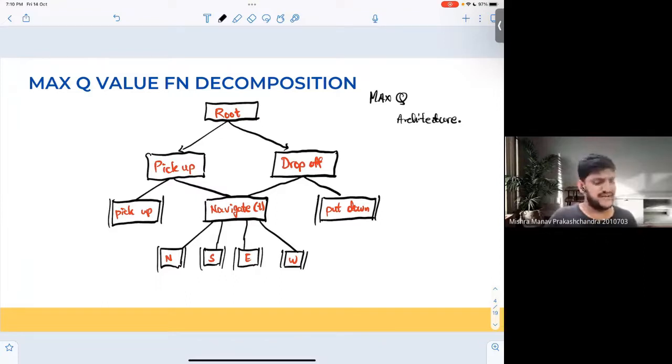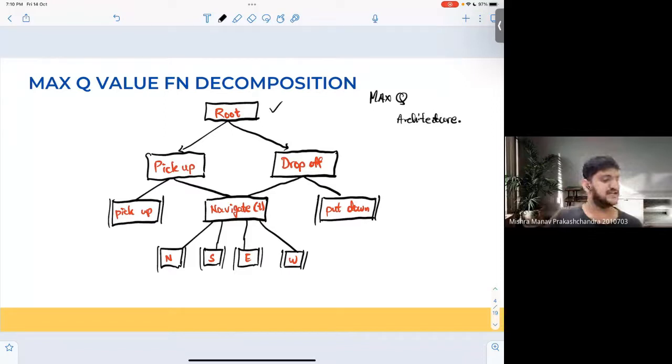Here you have a root node, which takes care of the execution of the global goal that the agent needs to achieve. In the taxi case, it is that all passengers, if I have k passengers, need to be dropped off at k different locations. The root node can be divided into two subtasks: a pickup operator and a drop operator.